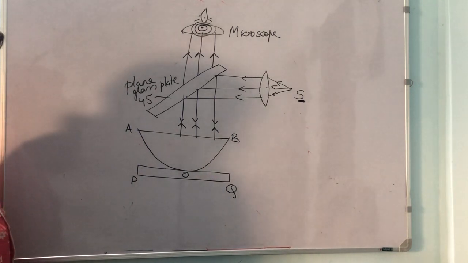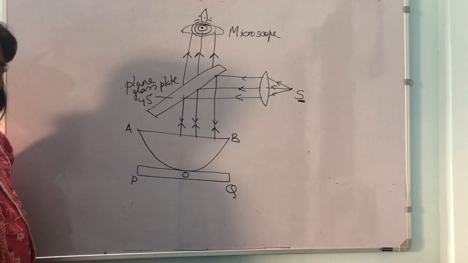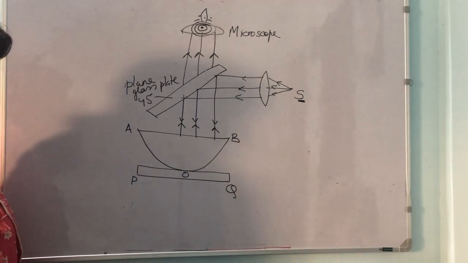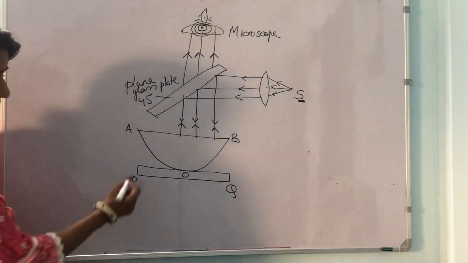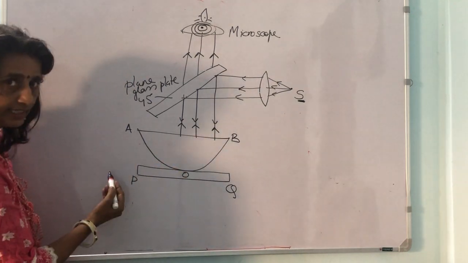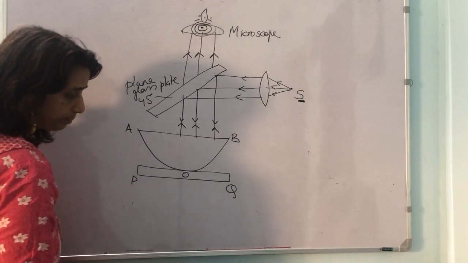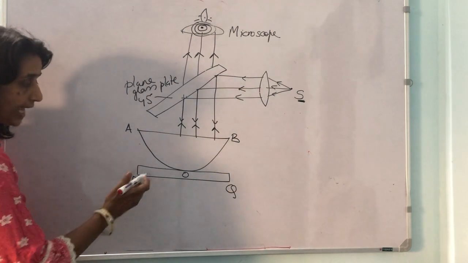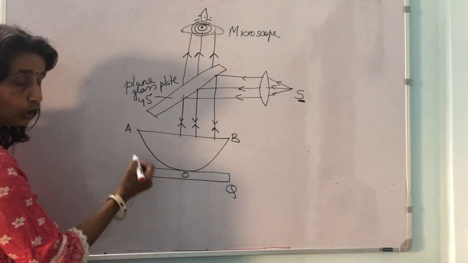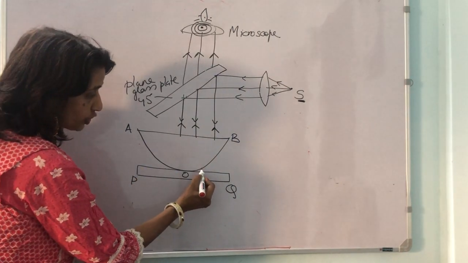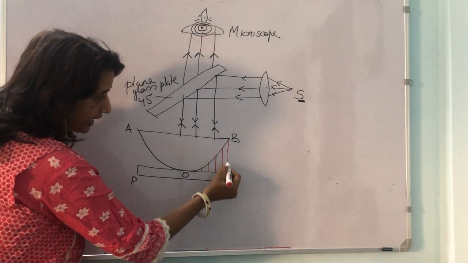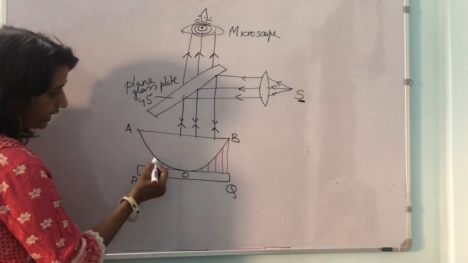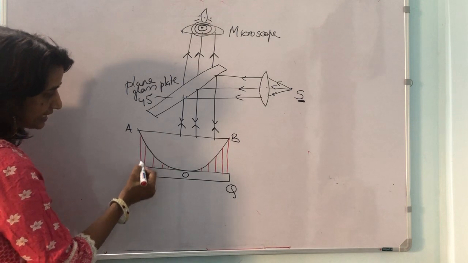Now, how does the fringe pattern observed in the Newton's ring experiment come as circular fringes? Let us have a closer look at the experimental setup. This plano-convex lens and plain glass plate have an air film enclosed between them which is of wedge shape, or a thin film of increasing thickness.